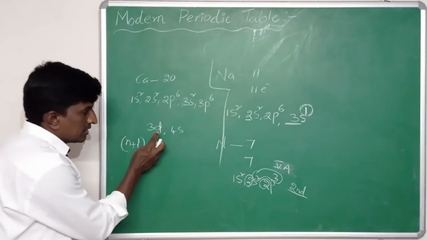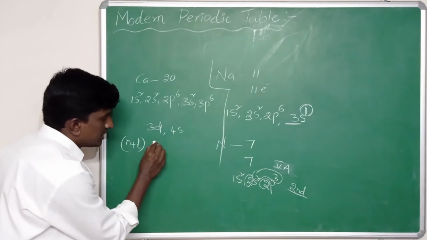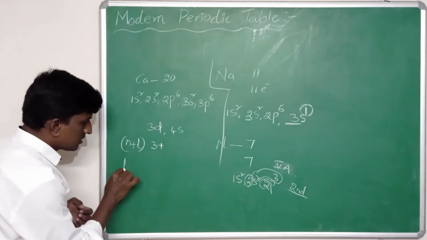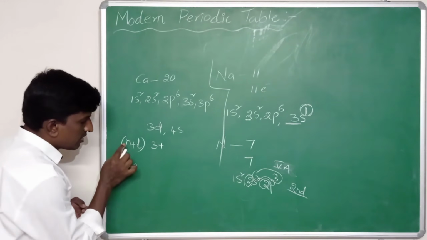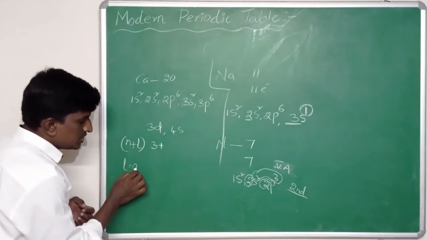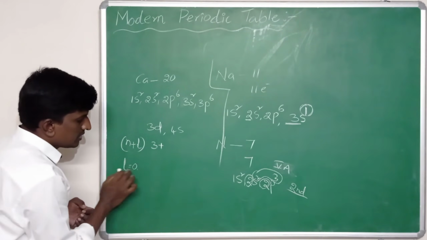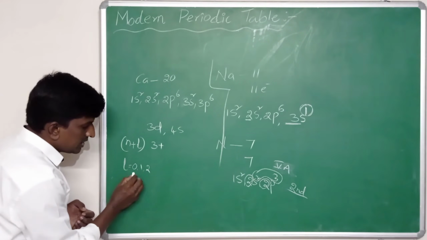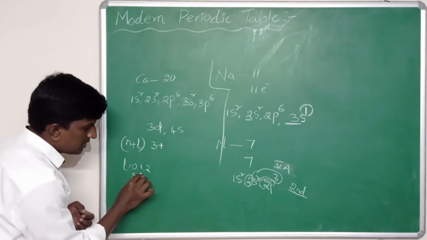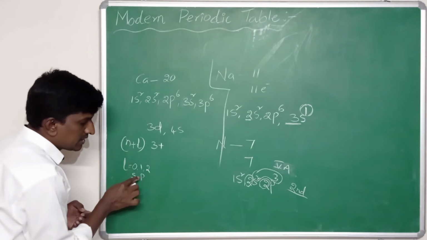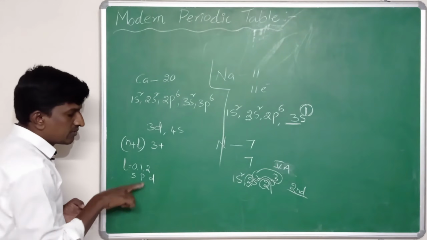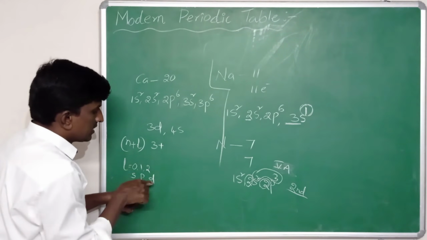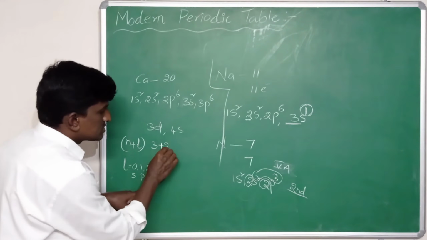The l values start from 0 up to a maximum of n minus 1. If l equals 0, that is an s orbital; if l equals 1, that is a p orbital; and if l equals 2, that is a d orbital. So the l value for the d orbital is 2.